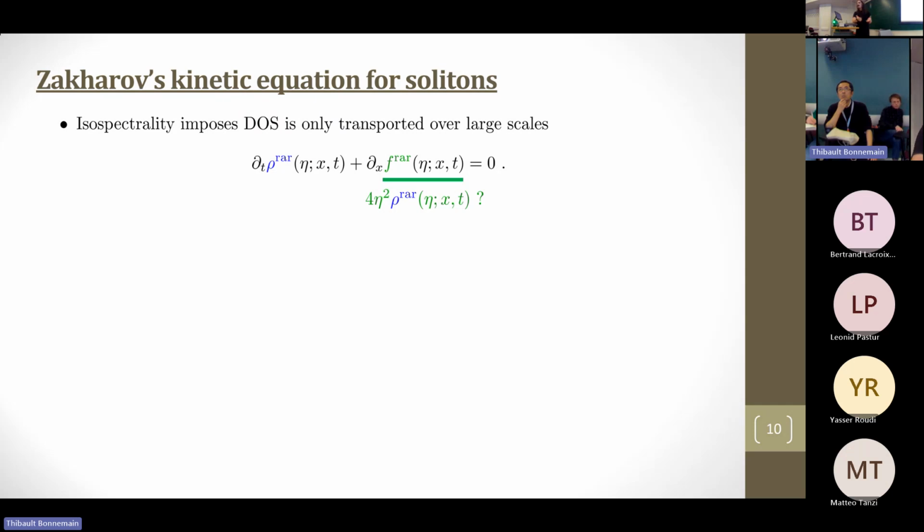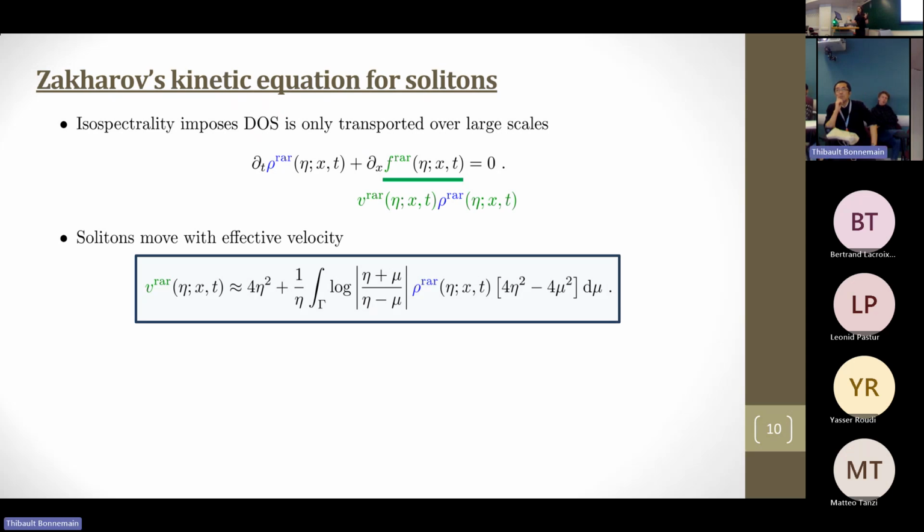But in practice, it's a bit more complicated, in fact, because your soliton will move through the gas at its bare velocity 4 eta squared until it hits another soliton, in which case it incurs a position shift.